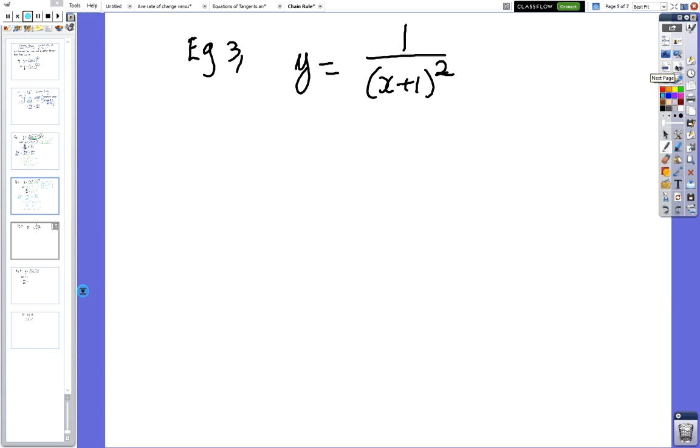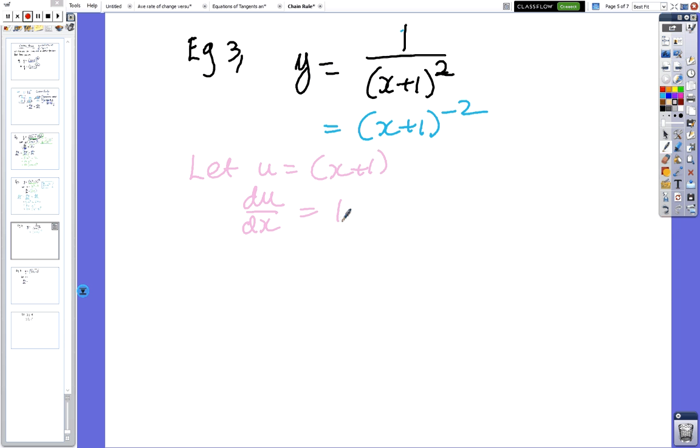Okay, so this next one here, we don't have it in the right form, so the first thing we do is we bring it up to the top with a minus 2. If that number had been a 4, then we just put 4 at the front, but it was a 1, so we'll just leave it as a 1 for this one. Let u equal whatever the bracket is. So du dx is just 1, and the function is u to the minus 2.